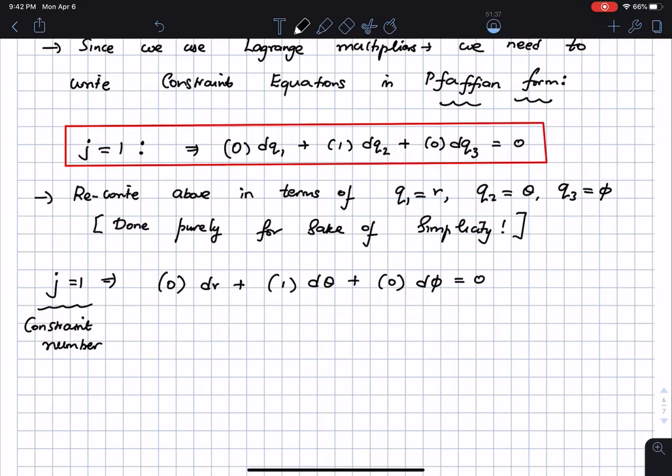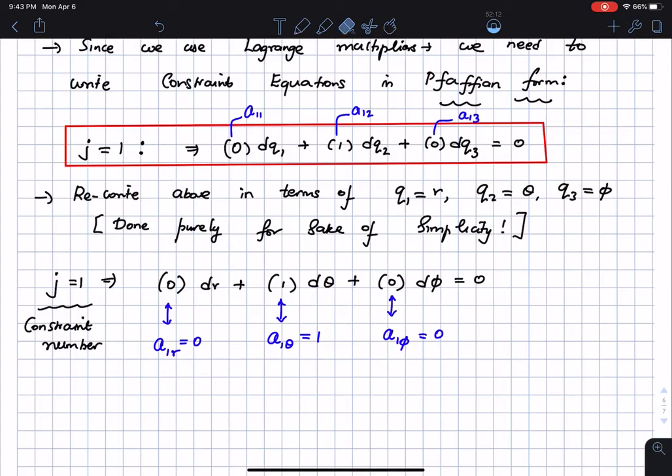Which means that these coefficients, I'm going to write them now as the following. I have 3 of them. This is going to be a1r, a1 theta, and a1 phi is equal to 0. If I had used the original form dq1, dq2, dq3, then these would be called a11, a12, and of course this is a13.